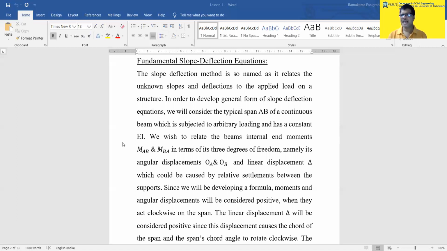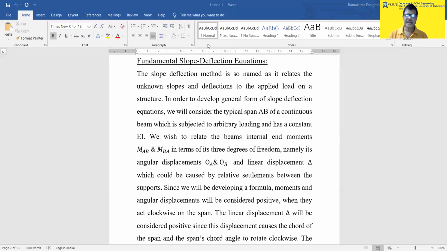The moment of inertia can vary, but initially you take the Young's modulus and moment of inertia remaining the same, and you take any span of a continuous beam. There will be end moments MAB and MBA in terms of its 3 degrees of freedom, namely angular displacements and linear displacement.